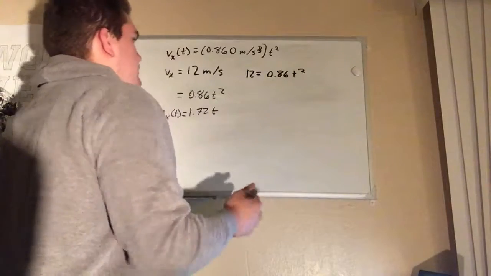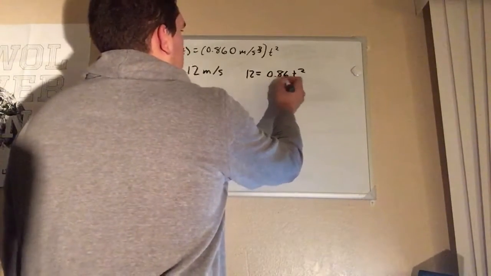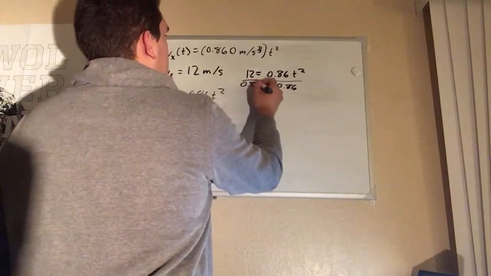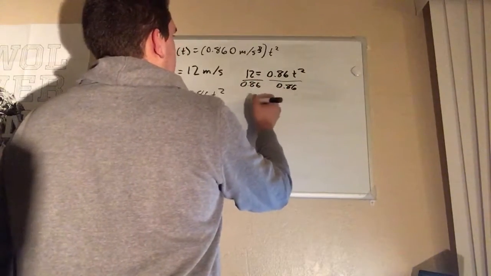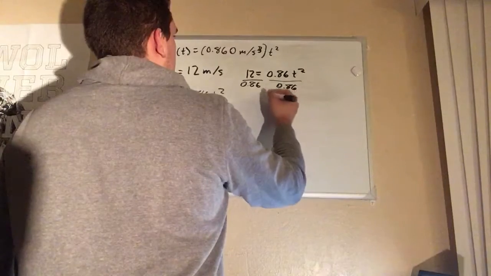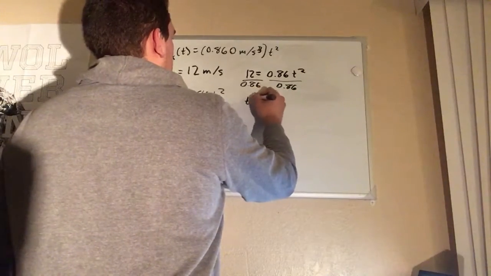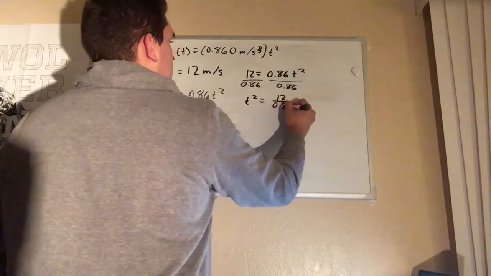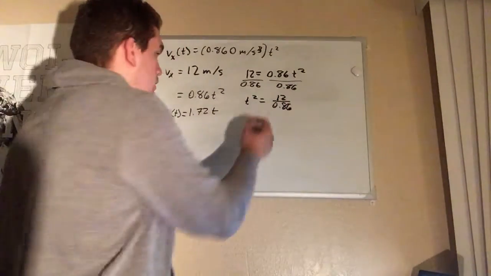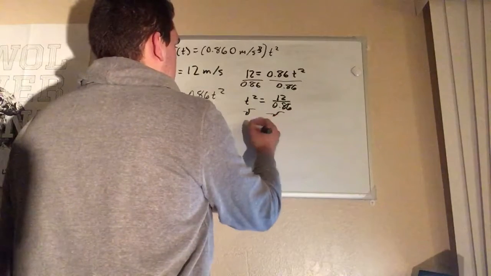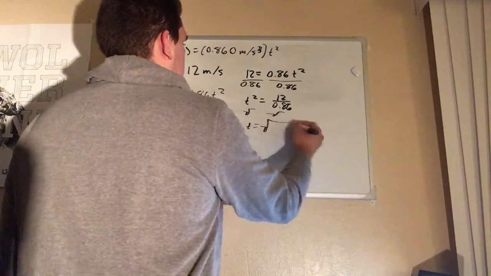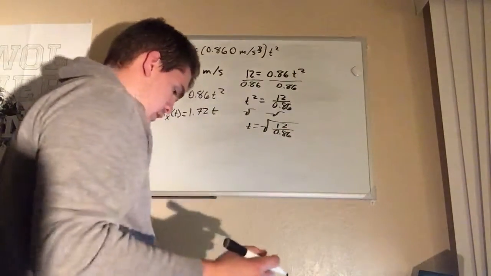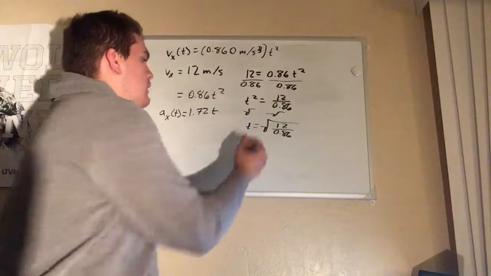And so then you can divide by 0.86 on both sides. And then you've got t squared is equal to 12 over 0.86. And then you're going to square root it, and you end up with t is equal to the square root of 12 over 0.86. And now we can plug that into a calculator.